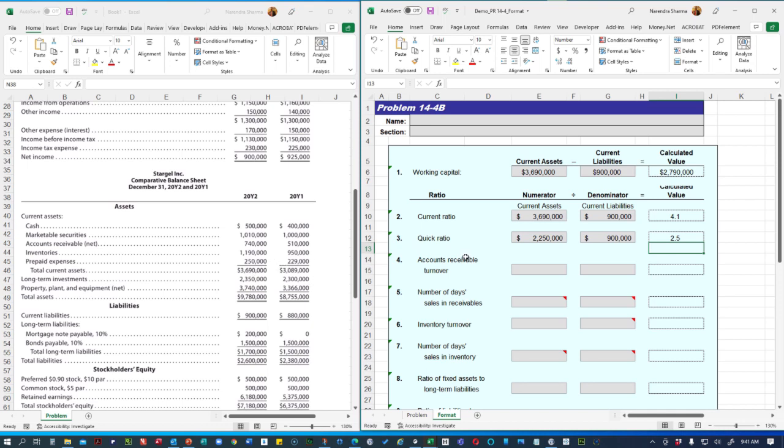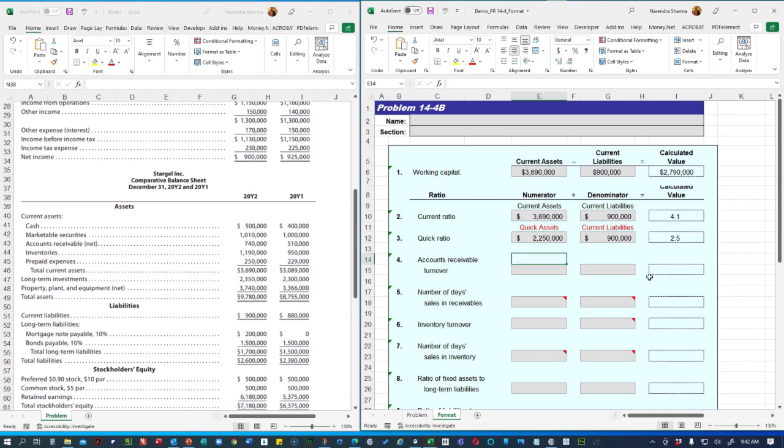Inventories and prepaid expenses are excluded from there. So that will be your quick ratio. Quick ratio is, of course, quick assets divided by current liabilities. So that is the formula that we just used.